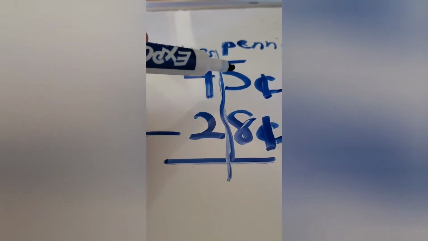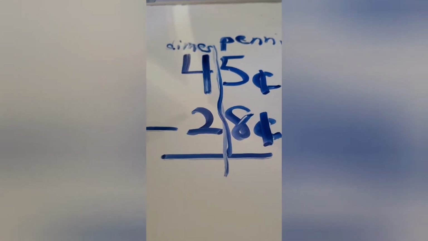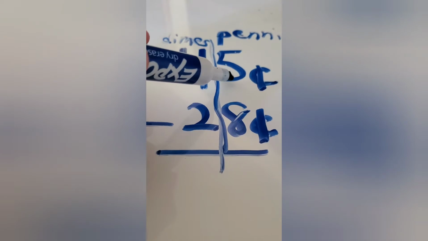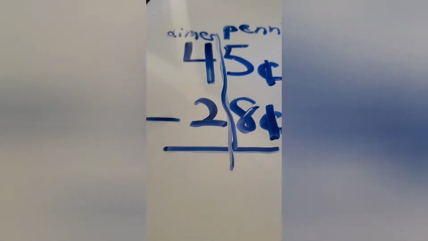But do you see? I have a problem here. The 5 is smaller than 8. Do you guys know what we have to do? You're right. We have to regroup. Okay, so now I have our pennies and dimes down below here.